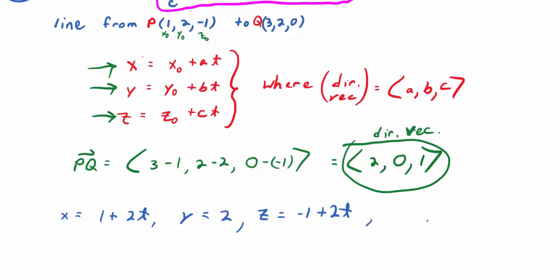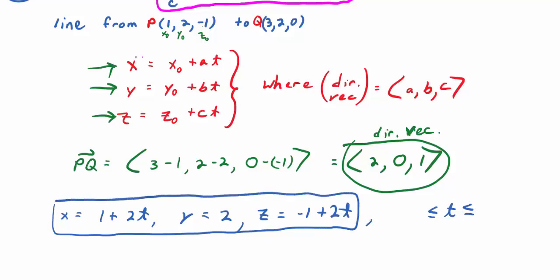Now, for all of these problems, you're going to need the limits on t, because those give you the limits of integration. So what is t going to range from? To produce this first point P, if you look at your parametric equations, to produce coordinates 1, 2, -1, what would t have to be? 0.